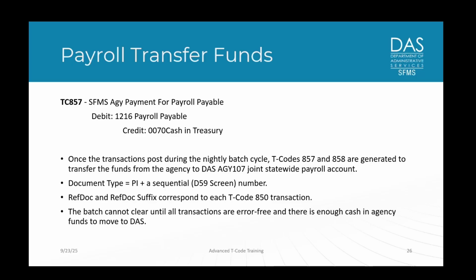So 857 and 858 will generate to transfer the funds from the agency to DAS, and will hit document type PI and continue with the sequence numbers from the D59 screen. The reference document will be the same document number that posted T-code 850. And the batch cannot clear until all the transactions are clear of errors and there is enough cash in the agency's fund balance.